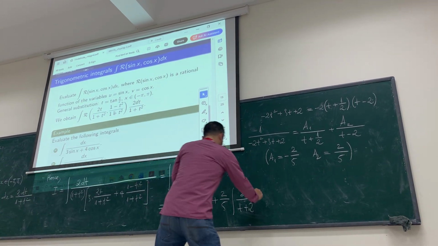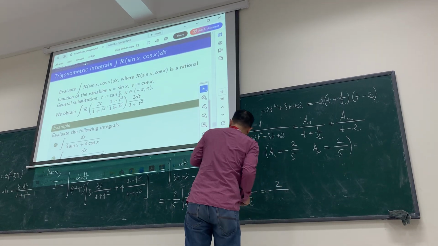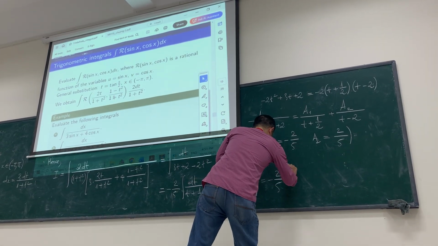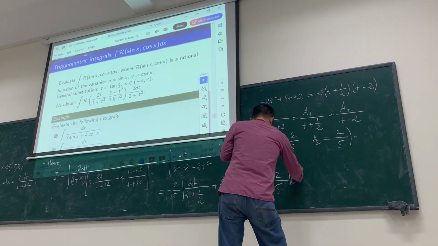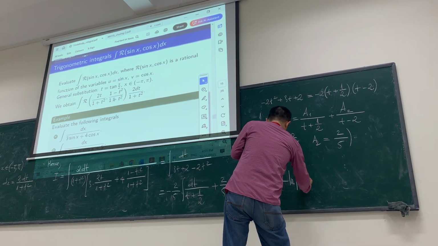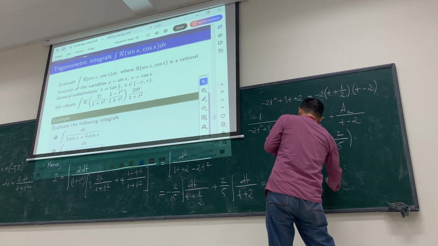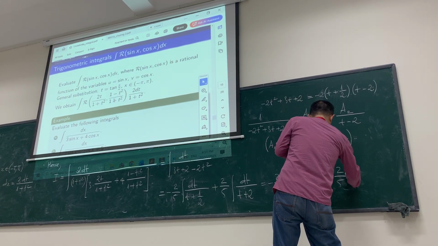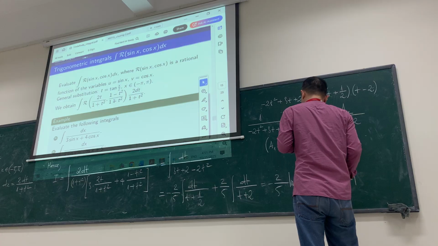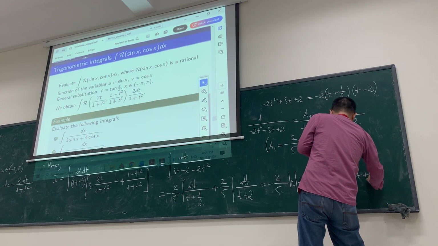Okay, equal to minus 2 over 5 natural logarithm absolute value of t plus 1 over 2, plus 2 over 5 natural logarithm absolute value of t minus 2, plus c.